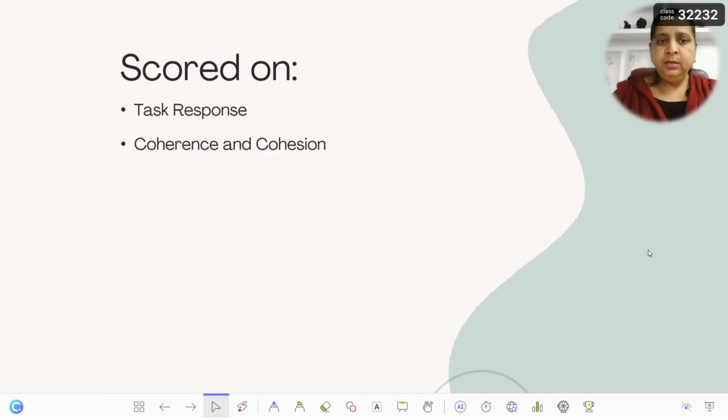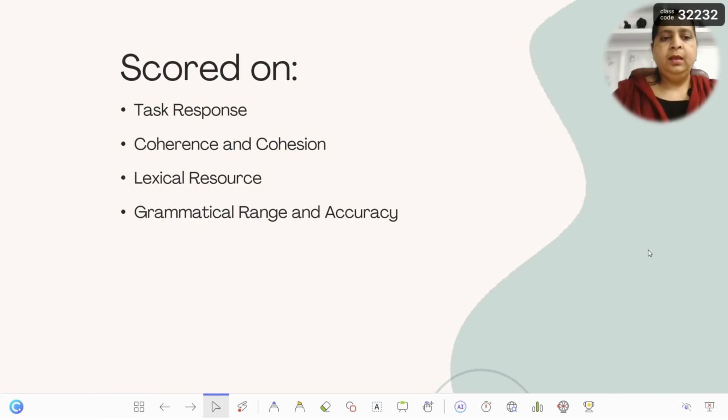Coherence and cohesion, the ability to use cohesive devices, and the overall logical structure that you present is the coherence, the lexical resource or vocabulary, and the grammatical range and accuracy. With grammatical accuracy, they mean proper punctuations, correct grammar, and grammatical range means the variety of grammar you use and the variety of sentences you use.